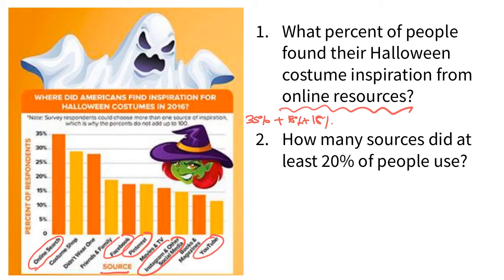Then Instagram and other social media, which is 15%, plus YouTube, which I think is about 12%. And remember, I don't just list all of those, I need to actually add them together. So on my calculator, I will add 35 plus 18 plus 18 plus 15 plus 12. And I will get 98%.